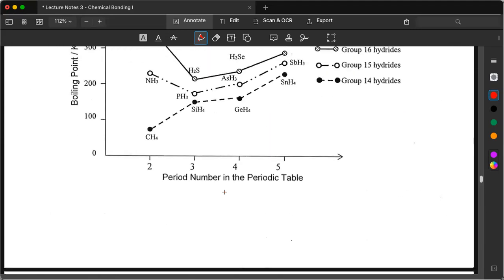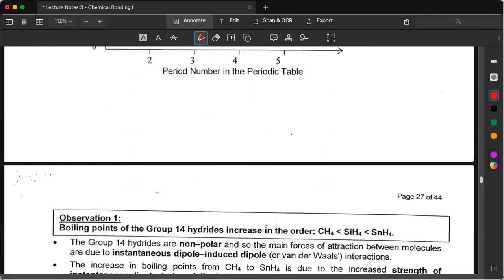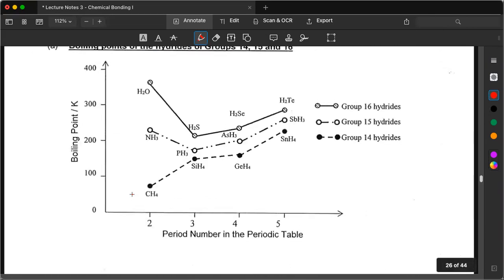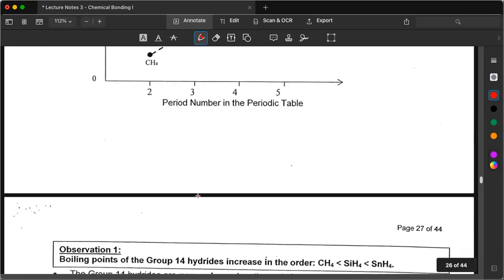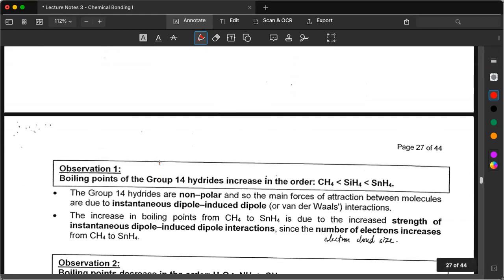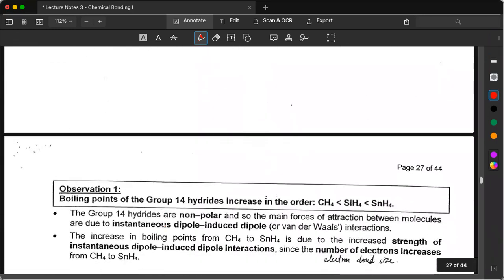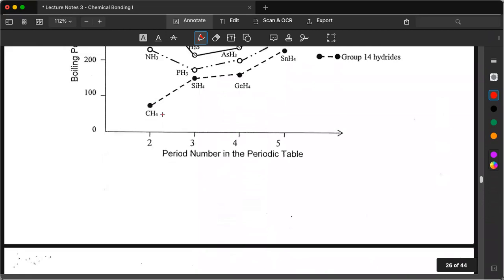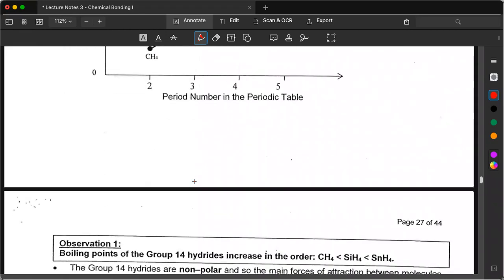Okay, now let's look at this graph and make some observations here. For observation 1, let's look at group 14. The boiling point increases in this order with this being the highest compared to this. So group 14 hydrides, they are actually non-polar. If you draw the dot and cross diagram or show the molecular geometry, they are all non-polar.